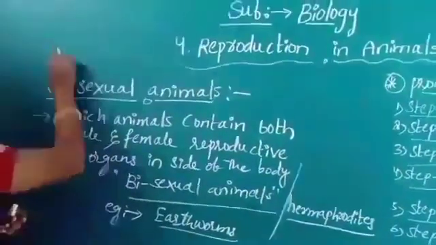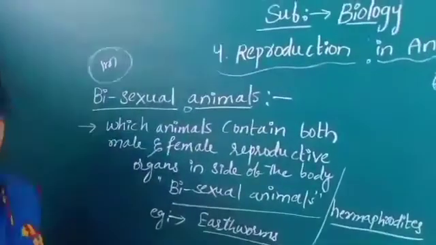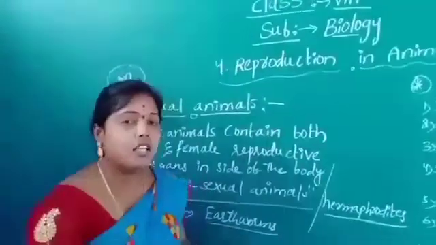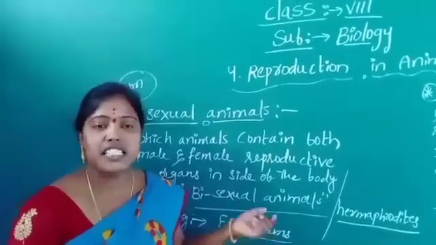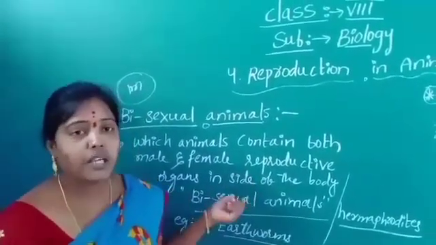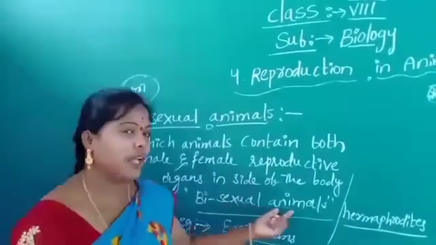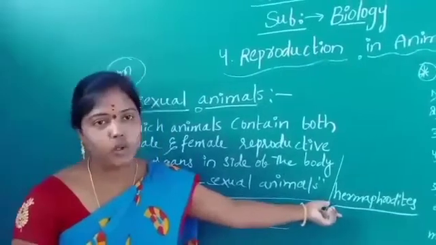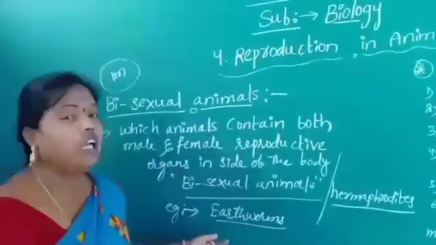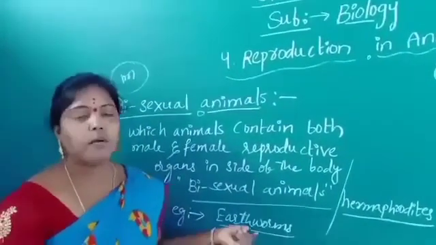Very important one mark question: children, what are called bisexual animals? Some animals carry both male and female reproductive organs inside the body. Those animals are called bisexual animals, and these animals are also called hermaphrodites. For example, earthworms.